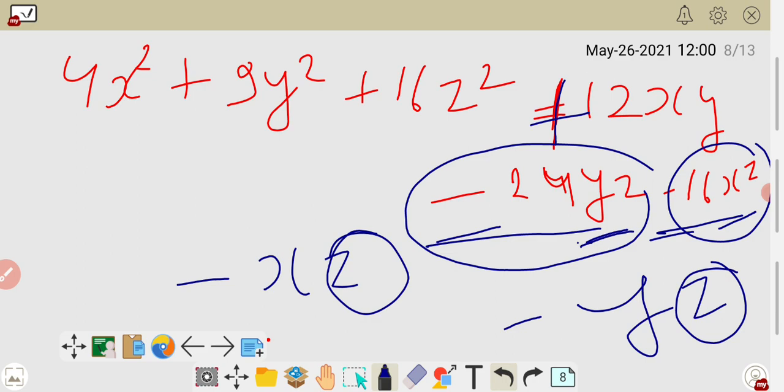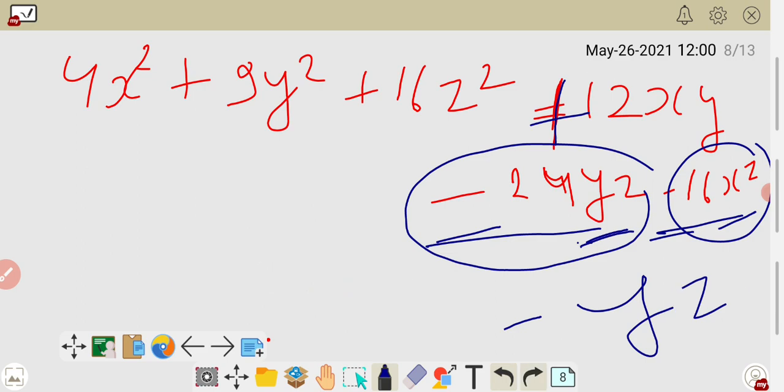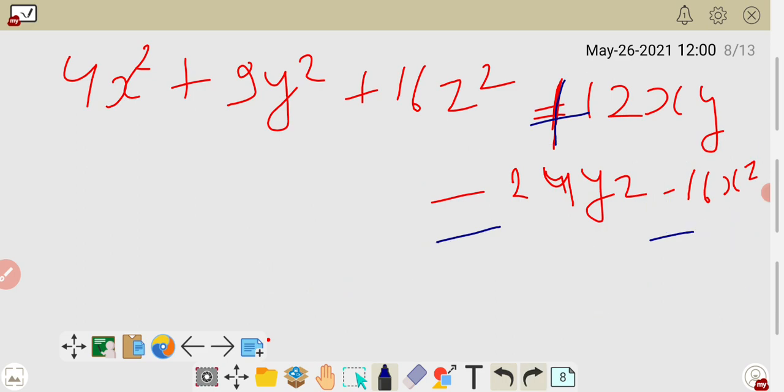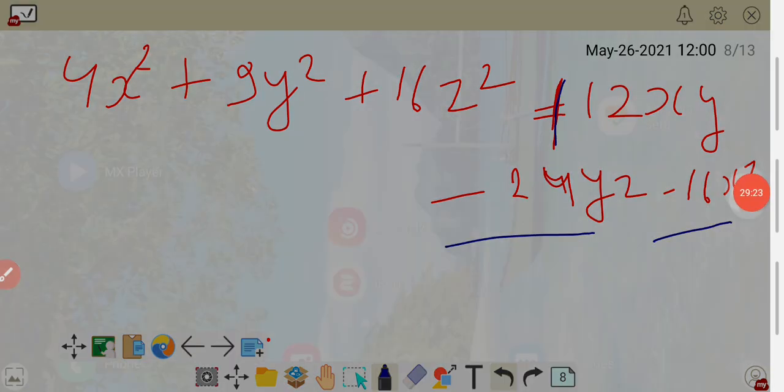So what you do now, you have to decide with the help of your question which part is negative. Negative you have minus 12yz minus 16xz.